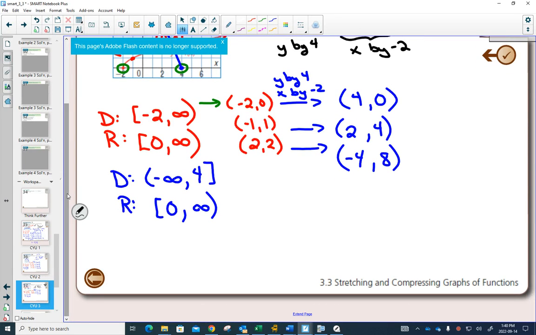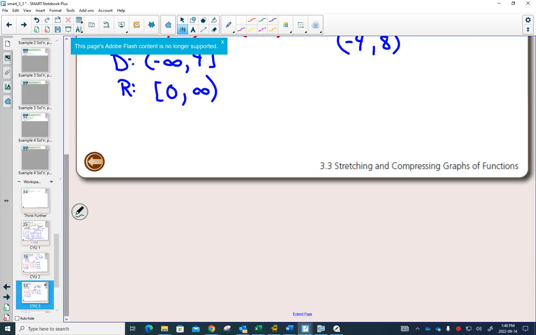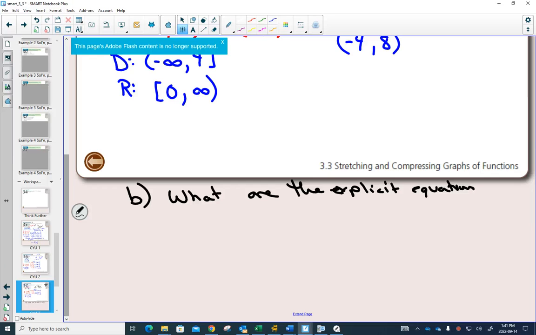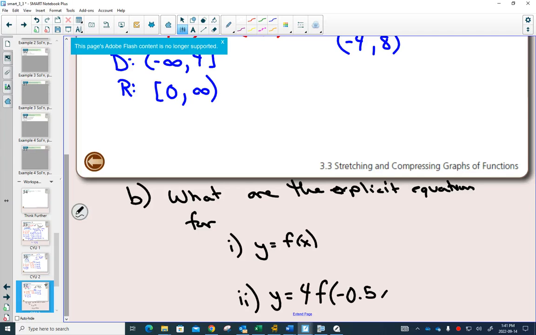And I'm going to add a part B to this one. So we were only given function notation for this one.